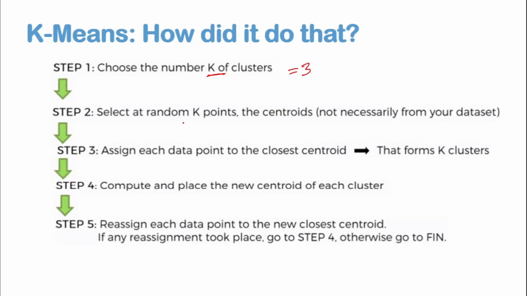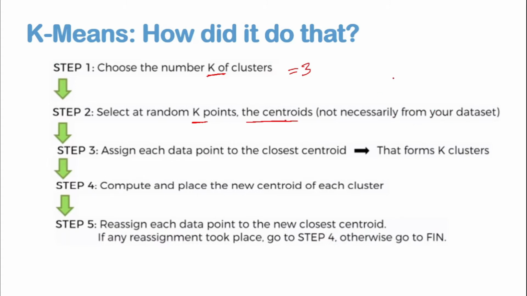And select random K points. I need to select random K points. Random K points means wherever I want I can select them; these random K points are called the centroids. And these centroids are not necessarily from your data set.